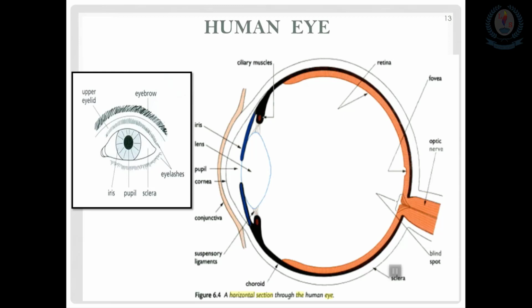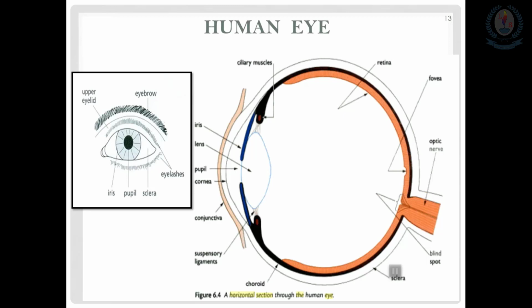The light rays now pass through the lens. The function of the lens is to focus the light rays onto the back of the eye. One key feature of the lens is that it can change its shape, allowing us to focus on distant or near objects.